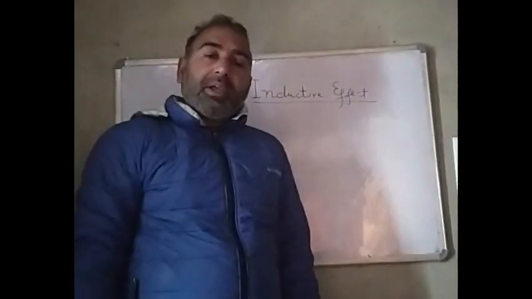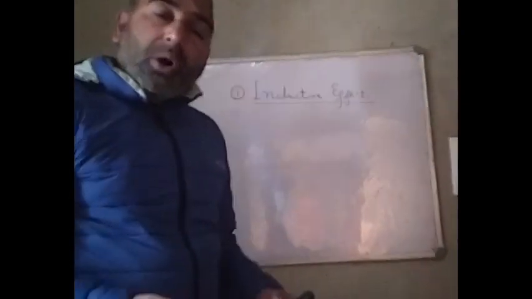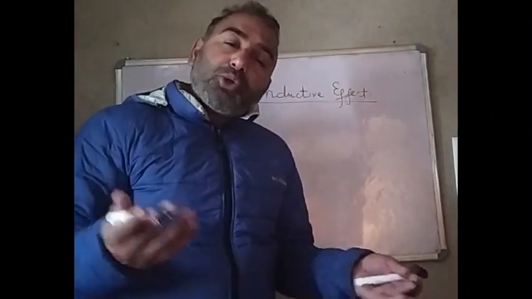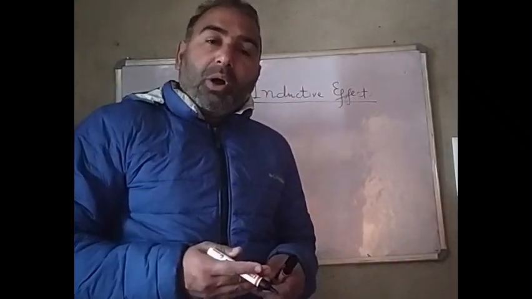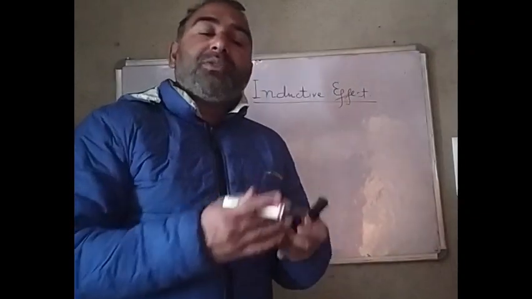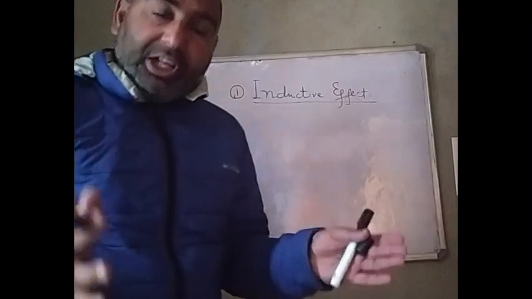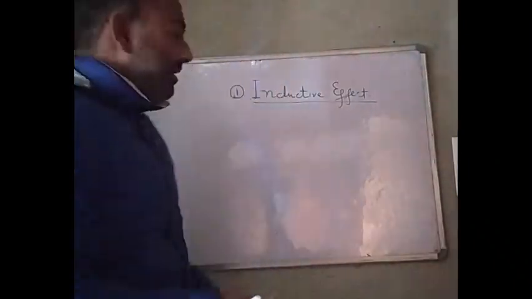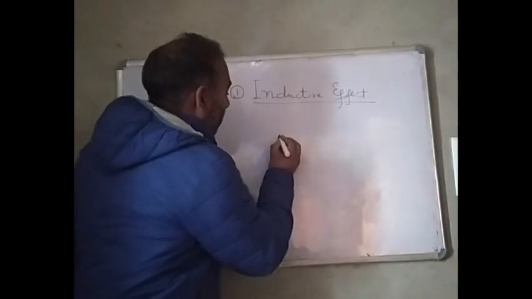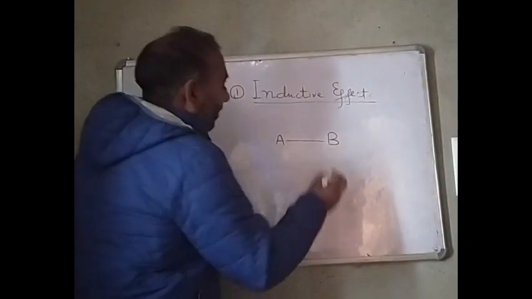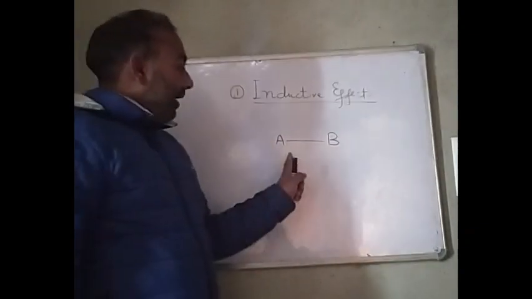Inductive effect. Dear students, you know a covalent bond is formed by mutual sharing of electrons between two combining atoms. Equally, one atom contributes one electron. For example, there is a covalent bond, AB.